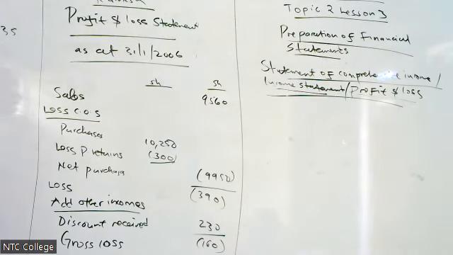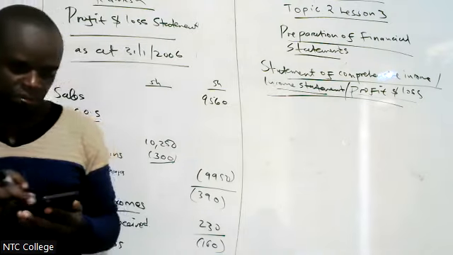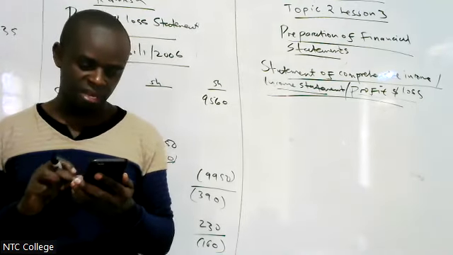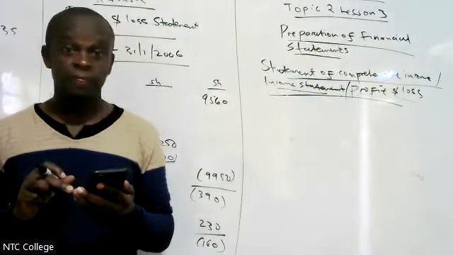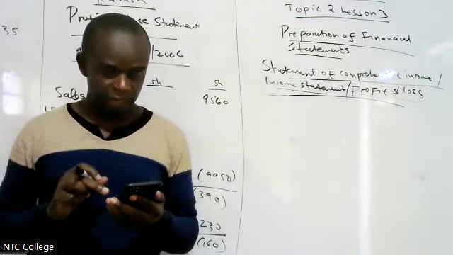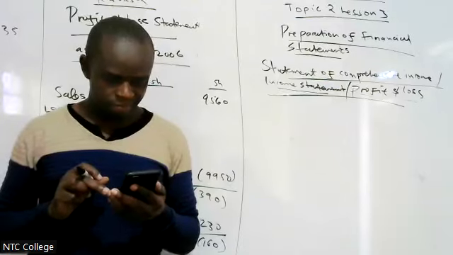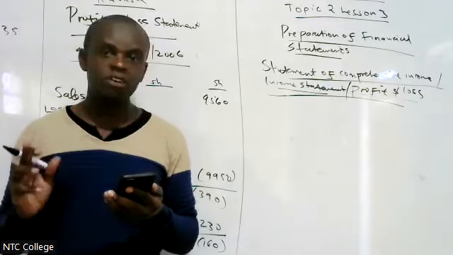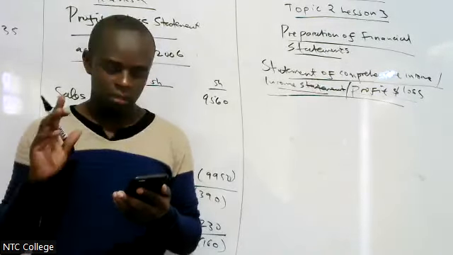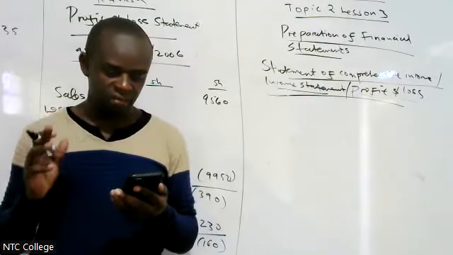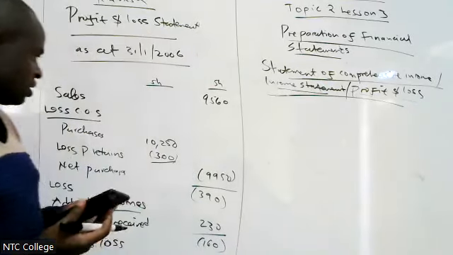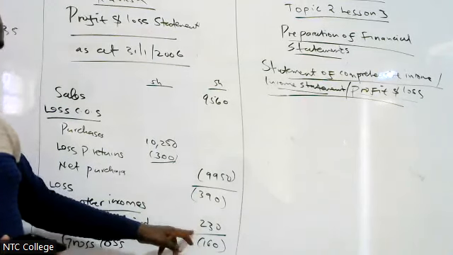Then which other expense do we have on that? Pick another expense that you can see from there. Discount received is an income, and we have used it here, 230 is here.